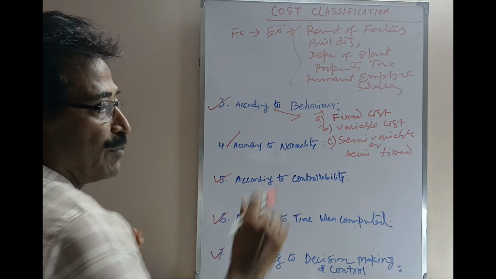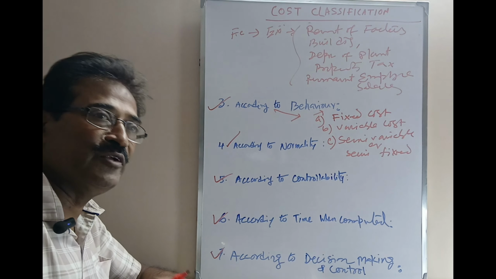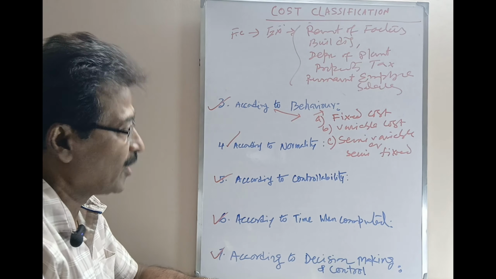All these are examples of fixed cost. Fixed cost remains fixed irrespective of level of production.